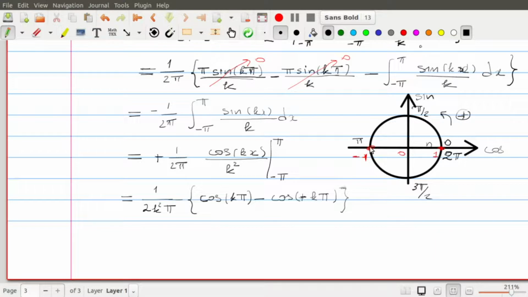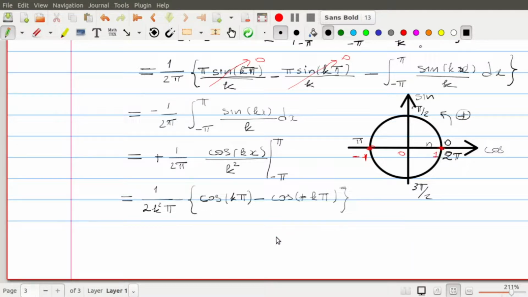If k is an odd value, that is pi, 3 pi, 5 pi, 7 pi, and so forth, I will be here, then the cosine of k pi will be -1. But if I land here, that is if k is even, like 0, 2, 4, 6, 8, 10, and so forth, the value of the cosine of that angle will be 1.